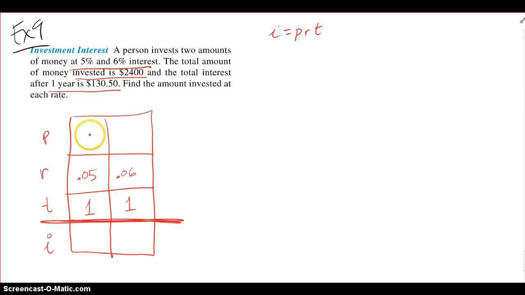Since I don't know the amount, I'm going to call one of them x and the other one will be the leftover. Total amount invested minus whatever I put here. And I could switch those spots. I could put x here and 2,400 minus x in the other one. It doesn't matter. Multiply the PRT to get the interest. So 0.05x and 0.06 times 2,400 minus x.